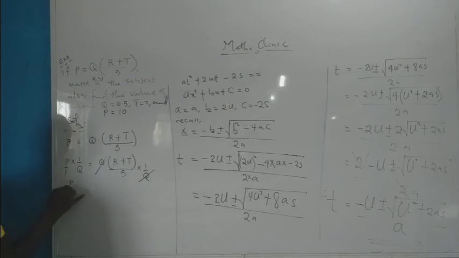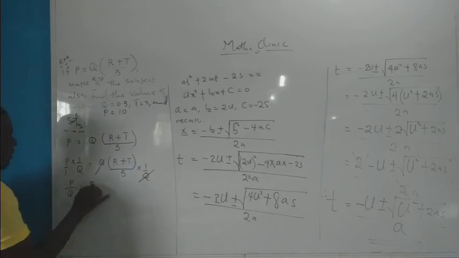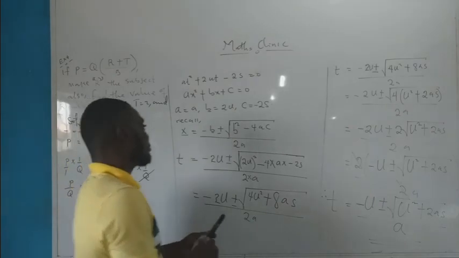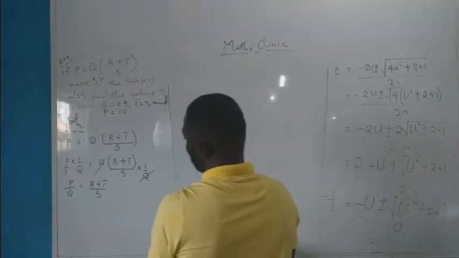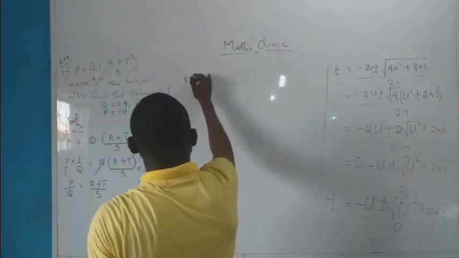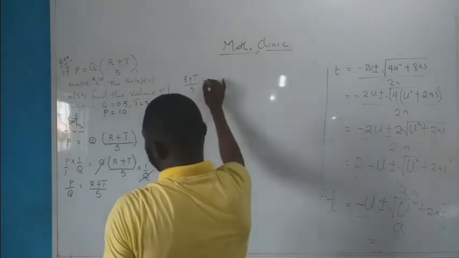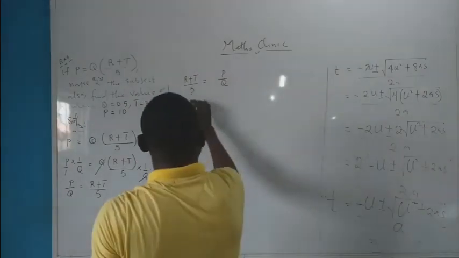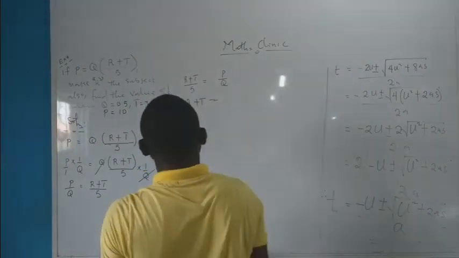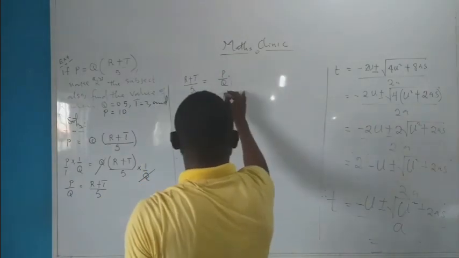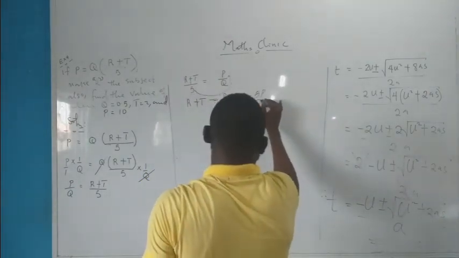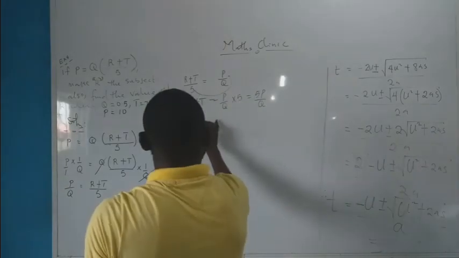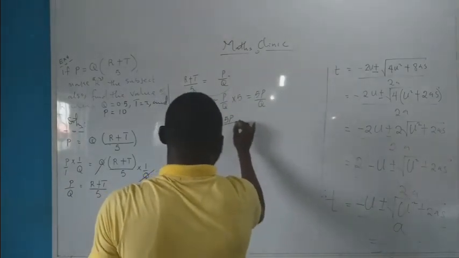So we have P over Q equals R plus T upon 5. So R plus T over 5 equals to P over Q. So we can have R plus T equals to P over Q times 5, and that gives us 5P upon Q.